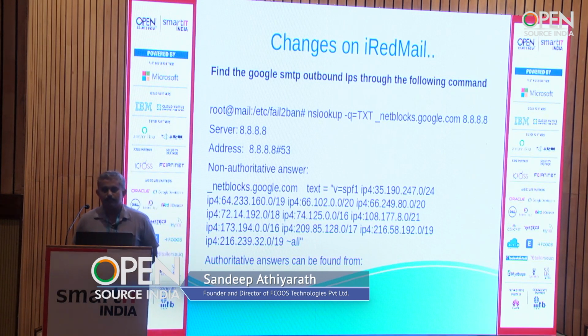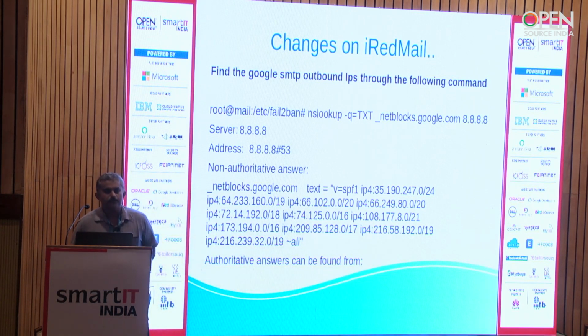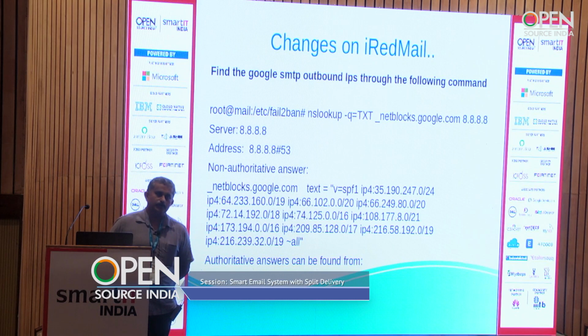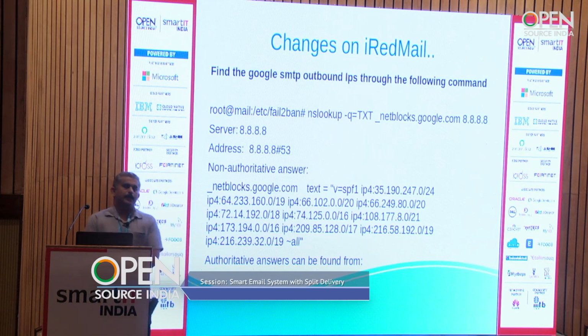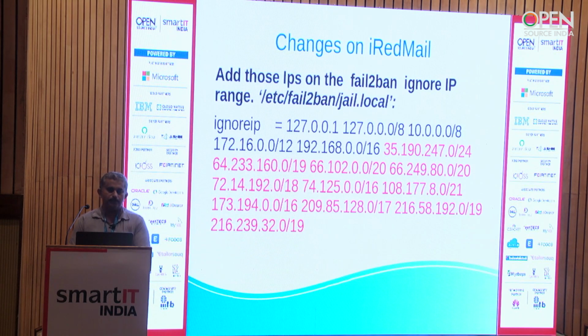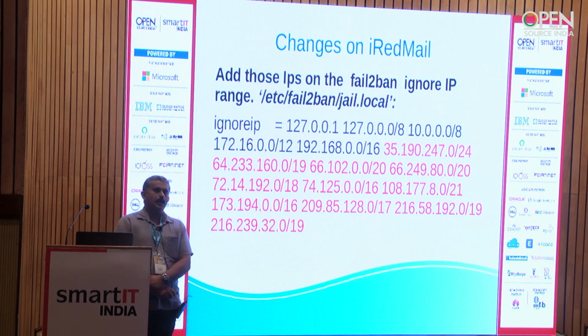To avoid that, we can find all the Google SMTP relay IPs and add them to the ignore IPs. Then whatever mails are forwarded from G Suite to iRedMail, it won't reject the emails, and it will accept them. So, this needs to be added in your fail2ban jail.local, so that all the mails will be accepted from your G Suite.